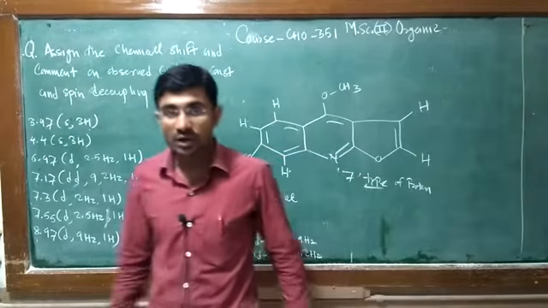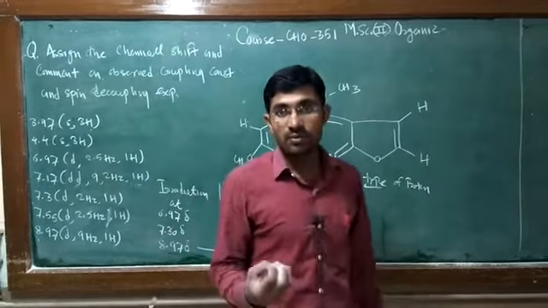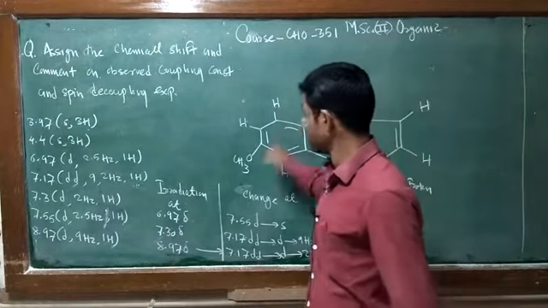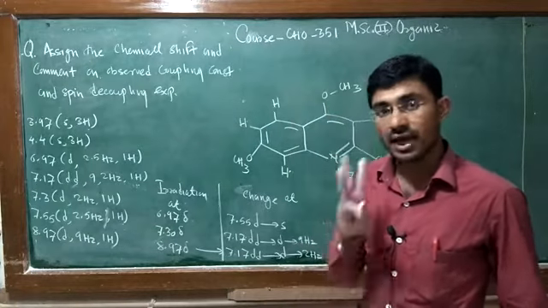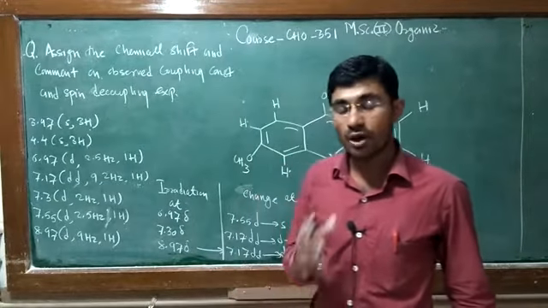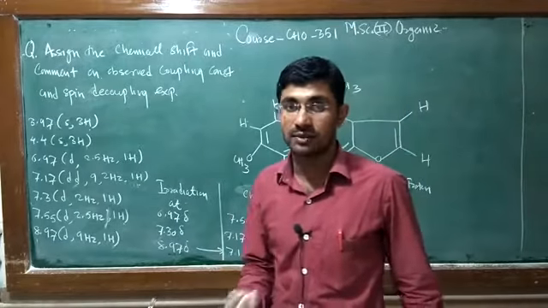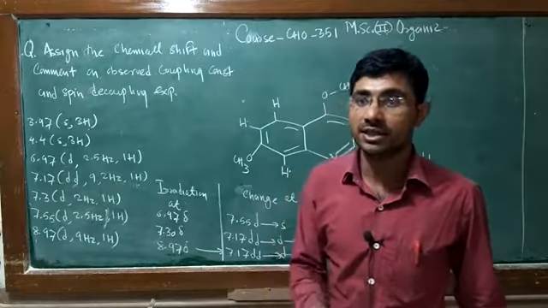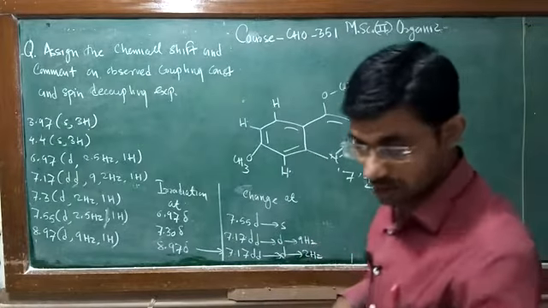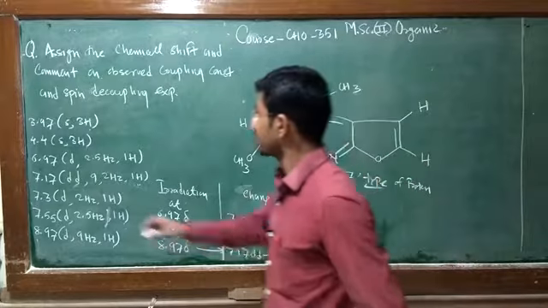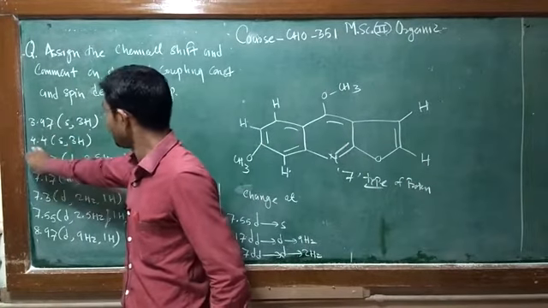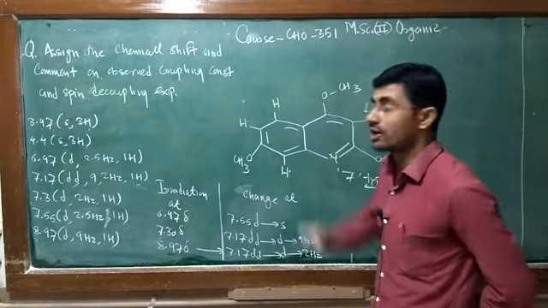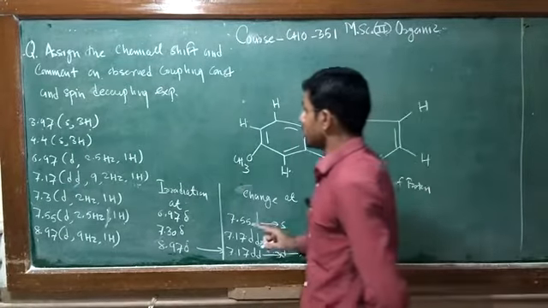So firstly, we are going to assign some simple signals. If you see this methoxy group, this signal appears for 3 protons, and because of the electronegativity effect of oxygen attached, we observe the de-shielding of this methyl proton. Here 2 signals are given for this: 3.97 singlet for 3 protons and 4.4 singlet for 3 protons. So these 2 methoxy groups show singlets.